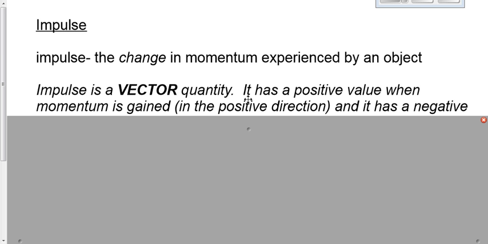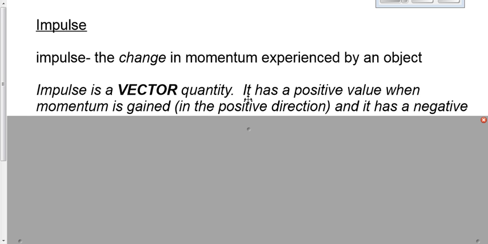If I drop a ball, it's falling in the negative direction, right? Downward. But it's speeding up. Okay, that's not losing momentum in the negative direction. That's gaining momentum in the negative direction. But when it hits the ground, what happens to it? It slows down. Okay, that's losing momentum in the downward direction. That's a positive impulse.